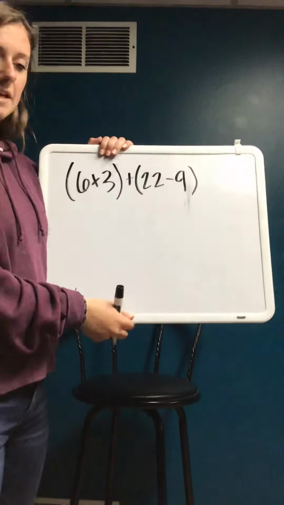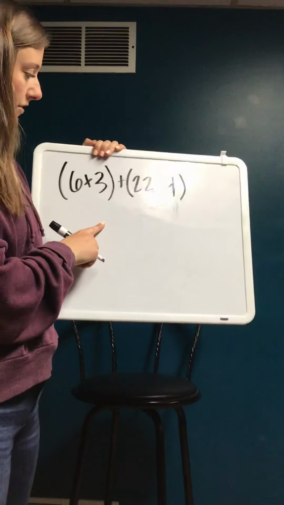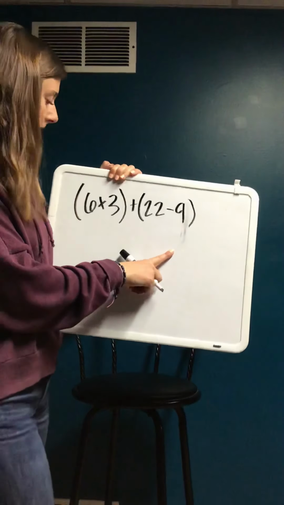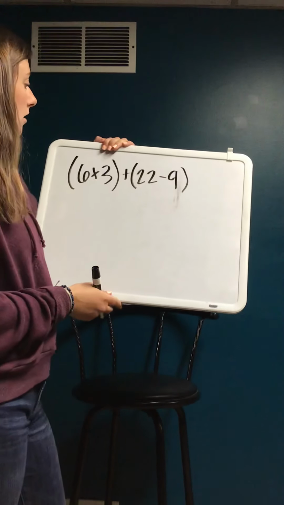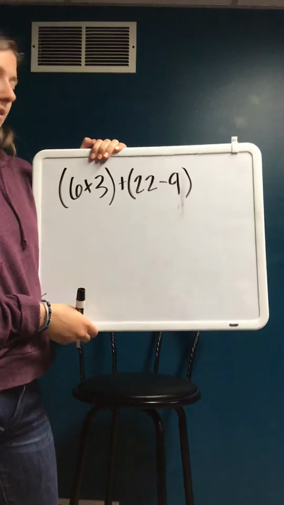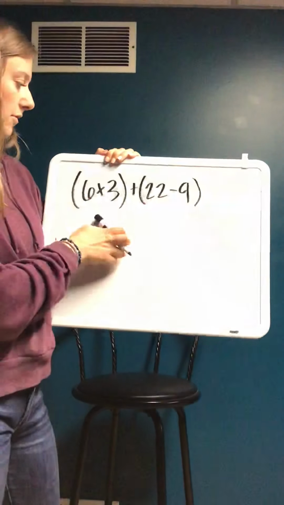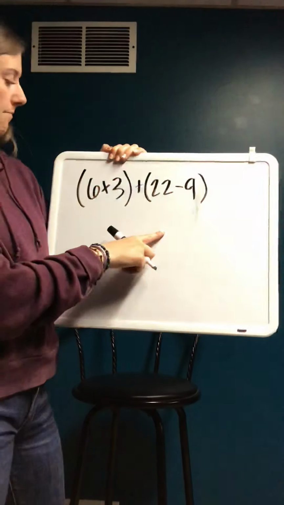Okay, so on this one, our last example, we have 6 times 3 in parentheses plus 22 minus 9 in parentheses. Okay, so do you guys think it matters which parentheses we start with? No, it doesn't, because they're both in parentheses, so we're doing both of them either way.